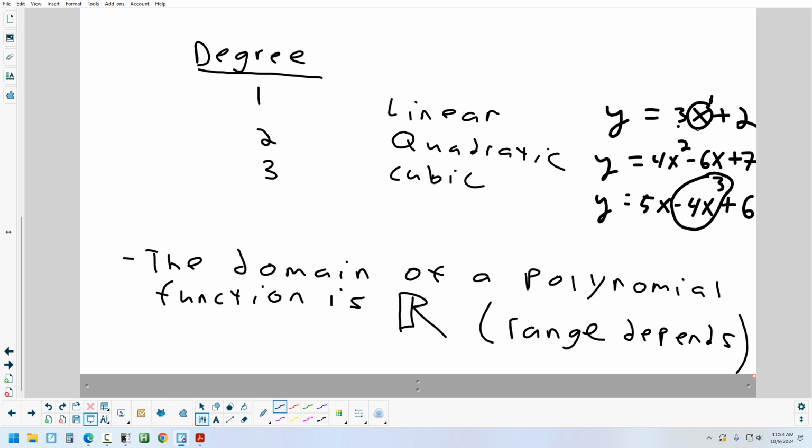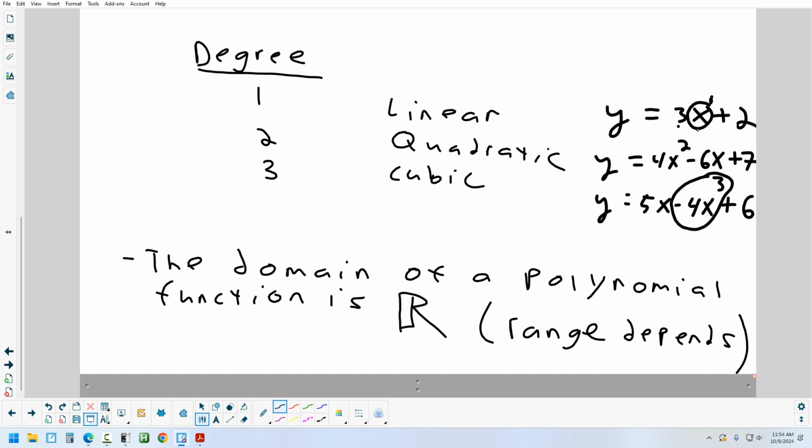You can triple a negative number, a positive, fractions, decimals. Same thing with raising something to a power. You can square negative numbers, fractions, positives. You will never end up dividing by 0 when you have a polynomial, and you will never have the square root of a negative. Those are the only two things that could mess up the domain.